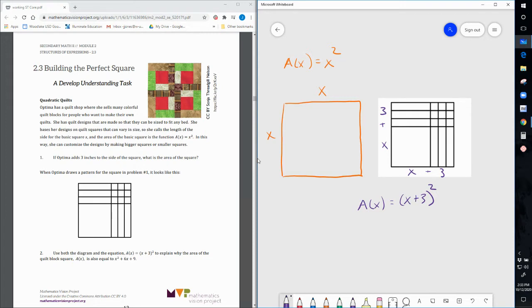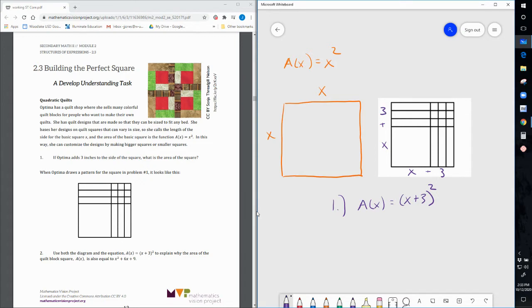Sorry, not x minus 3, x plus 3. x plus 3 squared. That's all they're really looking for, just that area, my bad. So they want you to look at the side length squared and figure out that this was the area, and that's the answer for number 1.